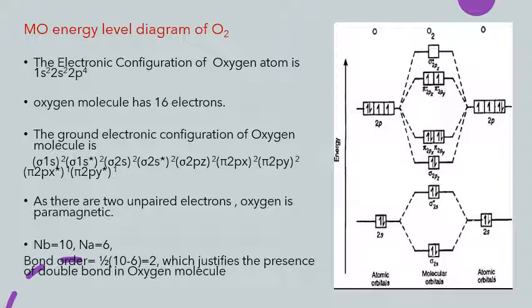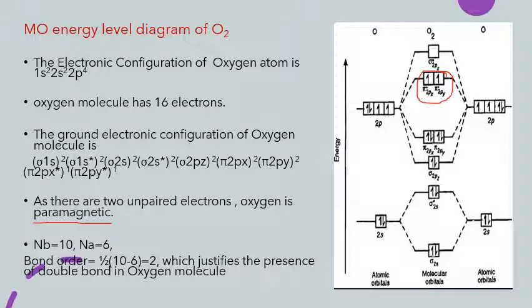As you are seeing in the picture, all the molecular orbitals are filled with electrons following the Aufbau, Pauli's and Hund's rules. Finally, these two antibonding molecular orbitals, pi star 2px and pi star 2py, are left with single electrons. Because of this, oxygen is paramagnetic in nature, as two unpaired electrons are there.